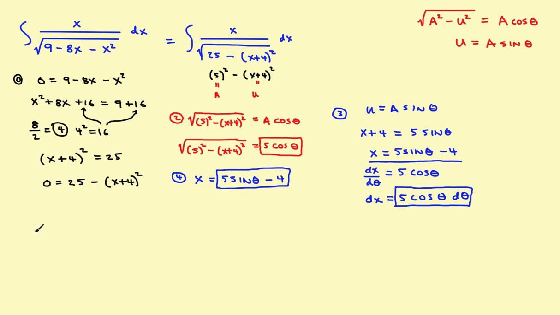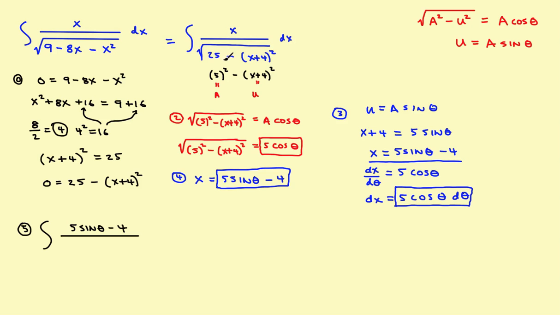So what we'll do is, this is going to be step 5. So in step 5, you've got the integral of, and we'll put that right across here. Now, just take care of each part. X is equal to 5 times the sine of theta minus 4. So we'll go ahead and put that right here. So 5 times the sine of theta minus 4.